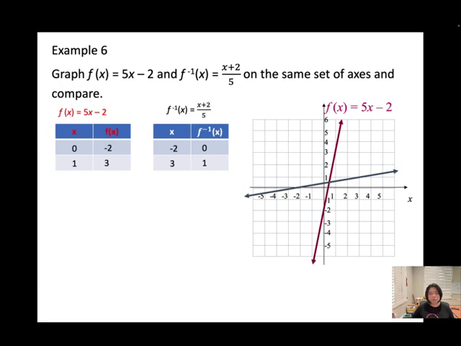And remember, we said the inverse function is the reflection of f of x. So let's graph y equals x here. You could imagine that f inverse will be the reflection of f of x, as if you put a mirror here.